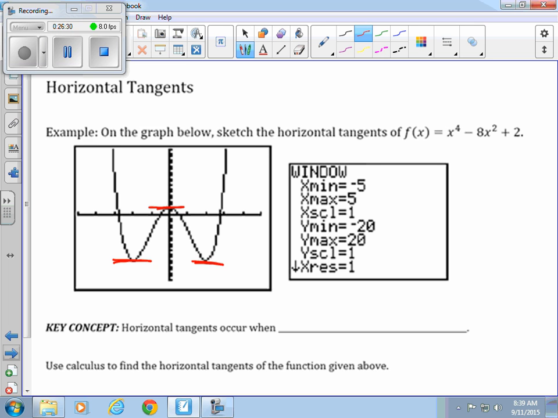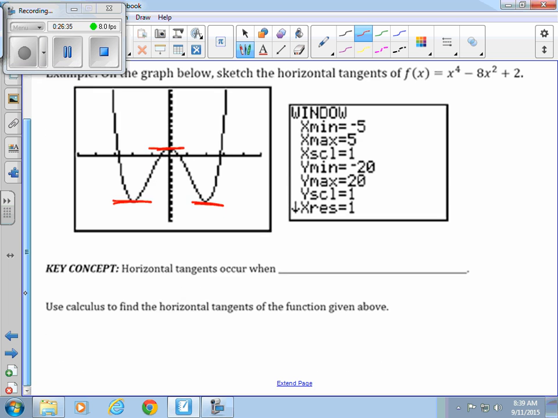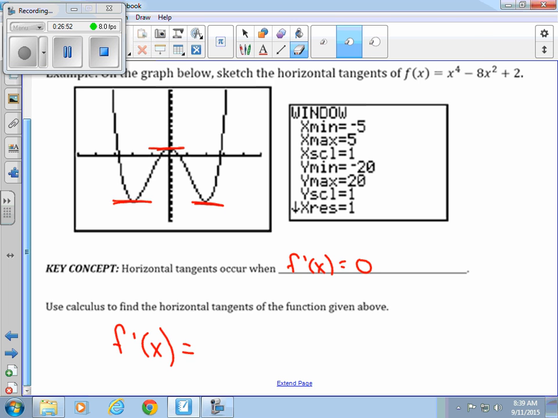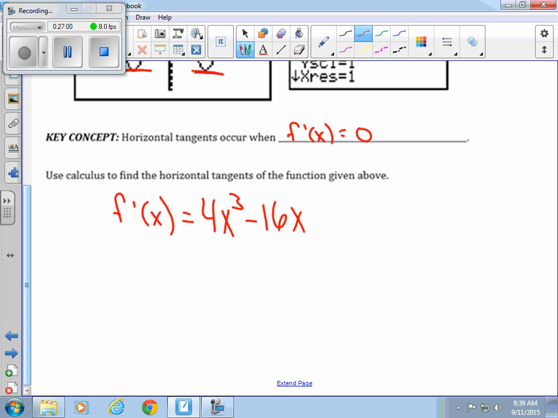Horizontal, so could I find that derivative in a few seconds? So horizontal tangents occur when the derivative is 0. So I want to use calculus to find this. Everyone agree the derivative is... Can I find when that is 0?